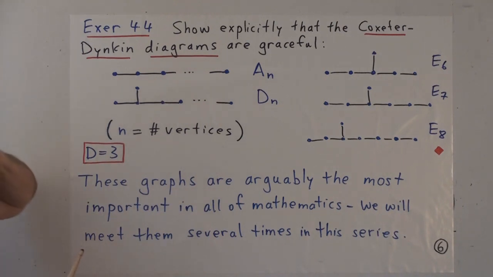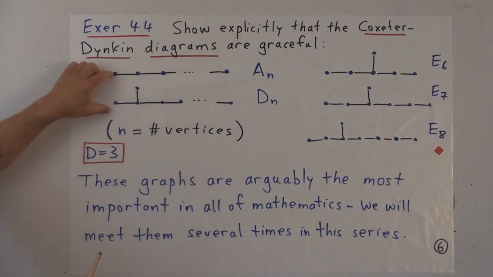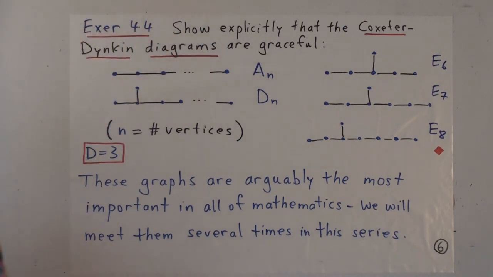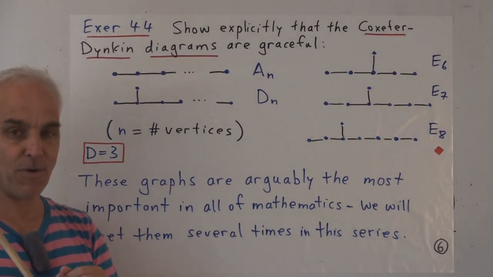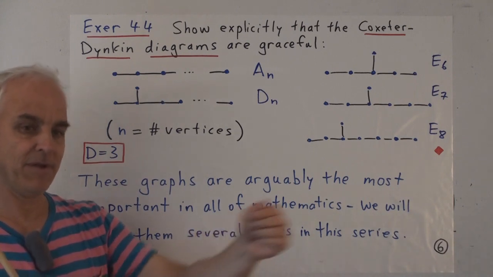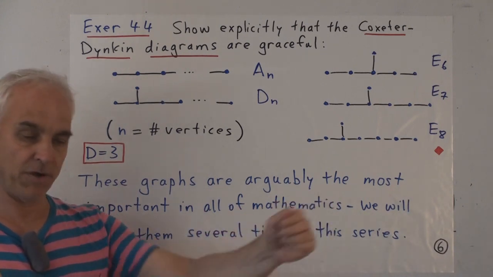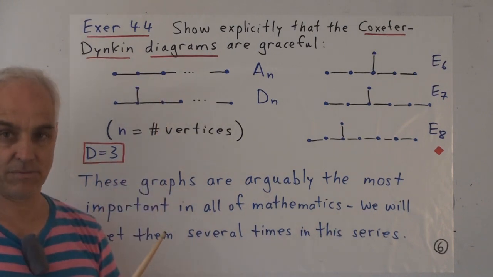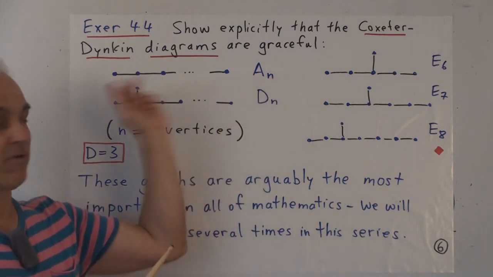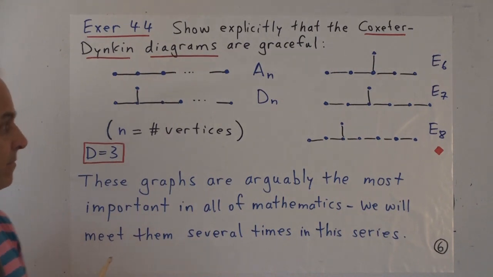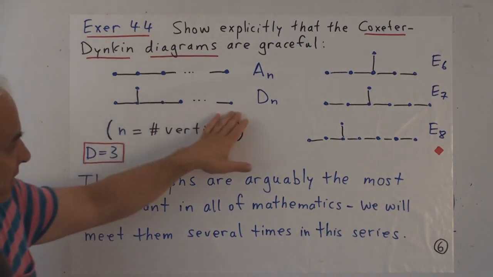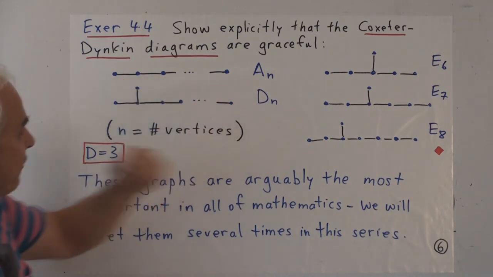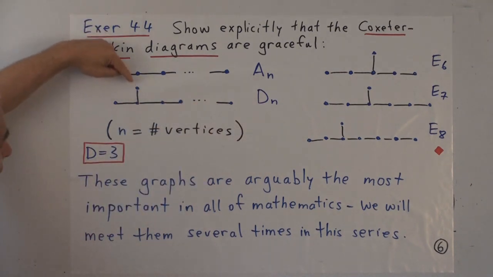So the Coxeter Dynkin diagrams come in two infinite families. There's the AN family, which is also called a path graph. It's almost the simplest kind of graph. You just have a finite number of vertices all in a row, and you just connect them one by one with edges. The N represents the number of vertices. Then a slight variant on that, the DN graphs are like an AN graph, but we add one more vertex.